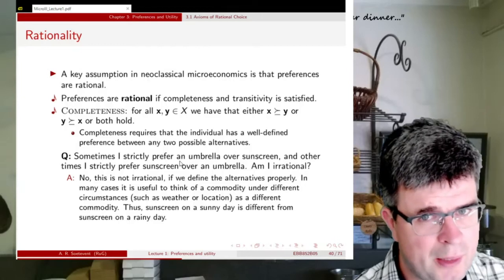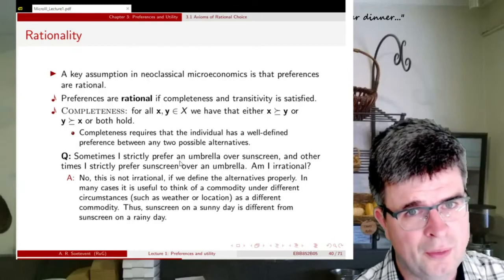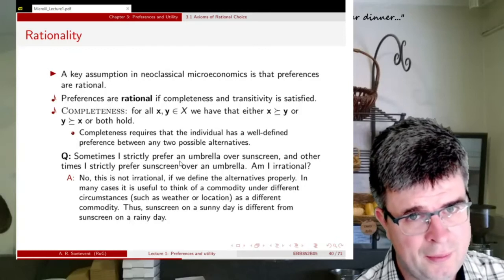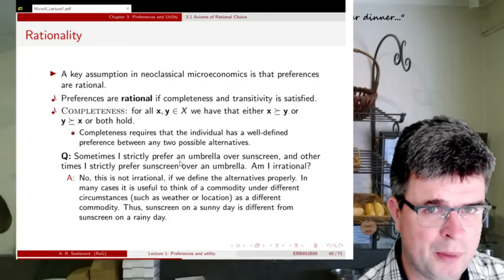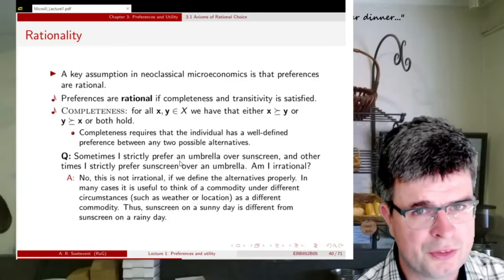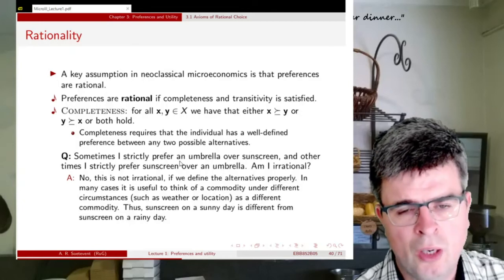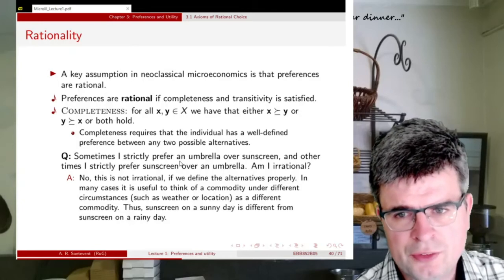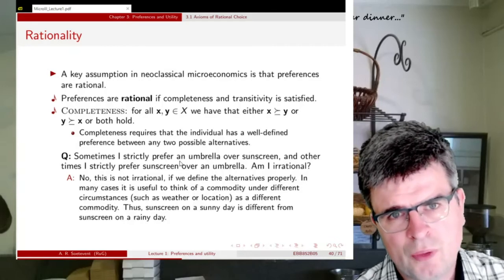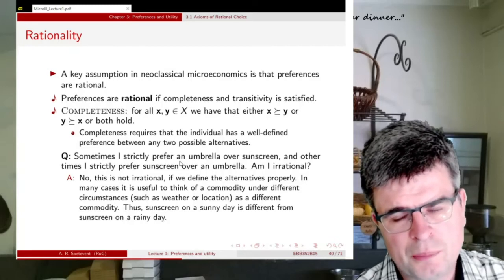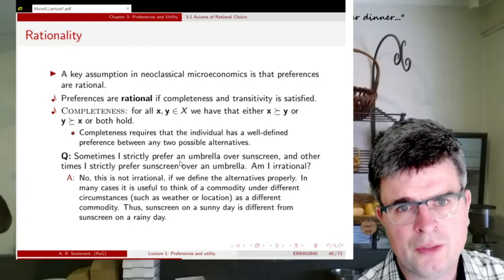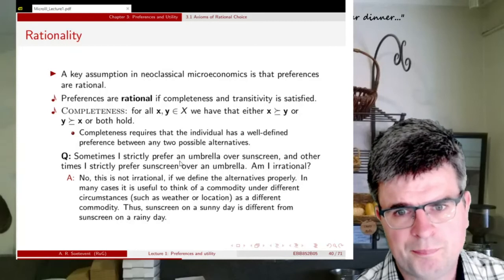And yes, you may prefer sunscreen on a sunny day to an umbrella on a rainy day, whereas on a rainy day you may prefer to have an umbrella over sunscreen. So you can solve this problem, the apparent conflict between your preferences, by defining the choice set, the alternatives, in the appropriate way.